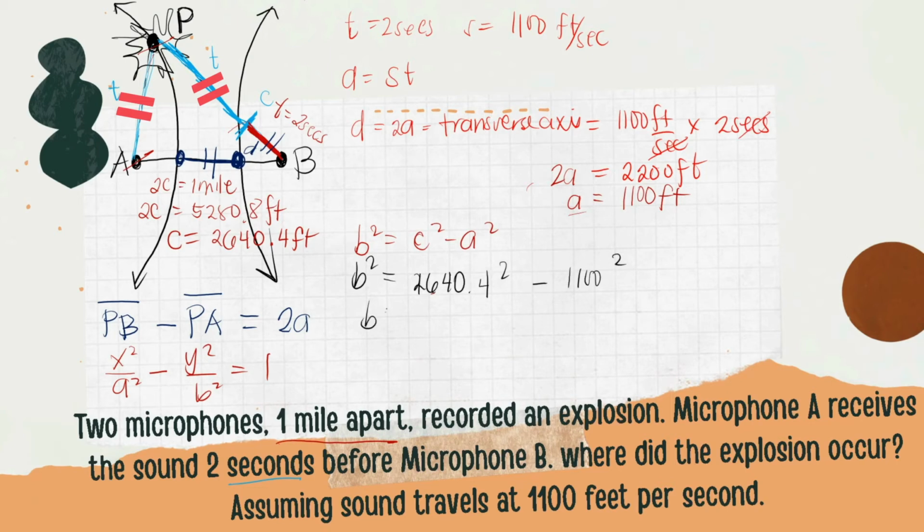So, B squared is equivalent to 5,761,712.16 feet. And then, kunin natin yung square root ng 5,761,712.16.